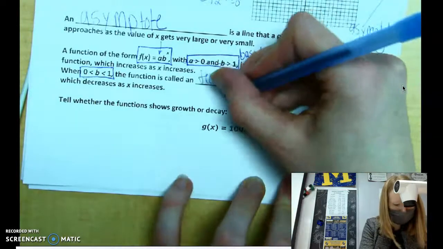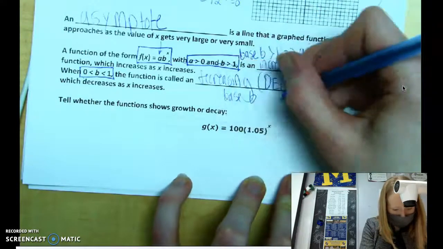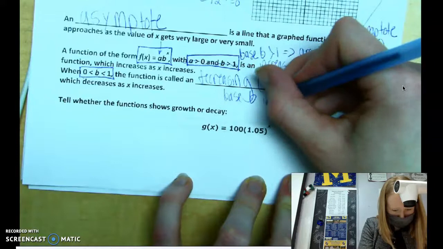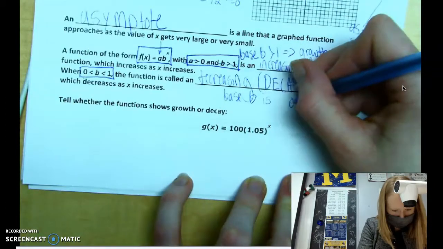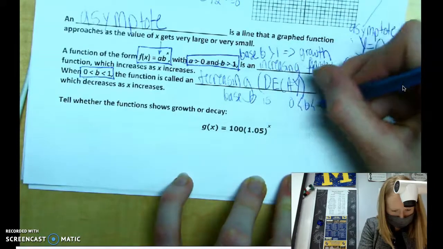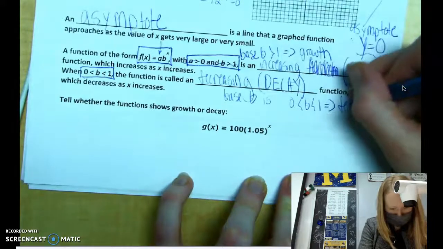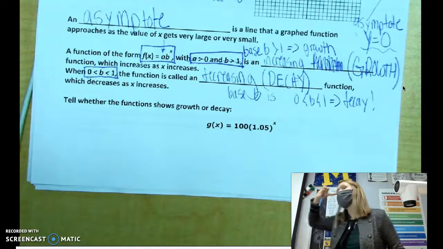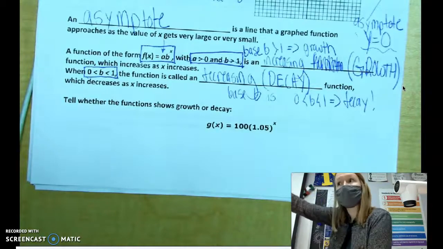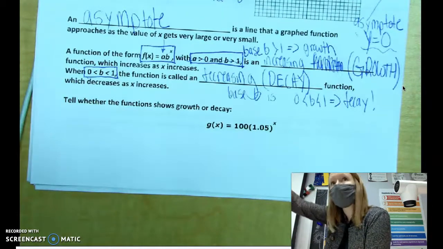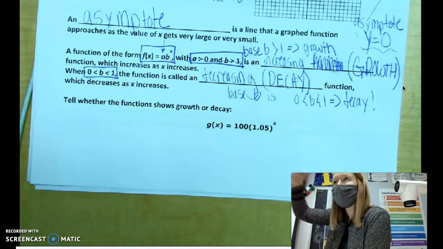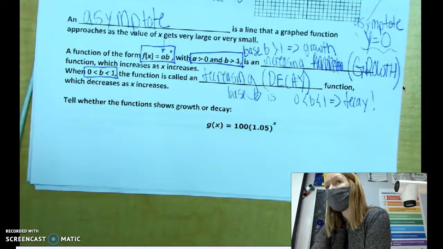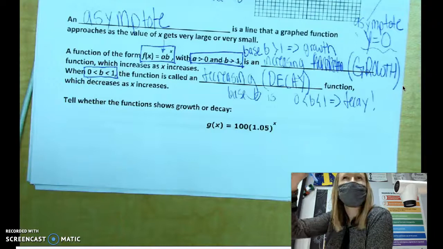So once again, if your base b is between 0 and 1, that's decay. Think about if you're doubling something, if your base is 2, doubling means you're getting bigger. But if your base b was a half, you'd be cutting things in half, so it would be getting smaller, right? So decay.